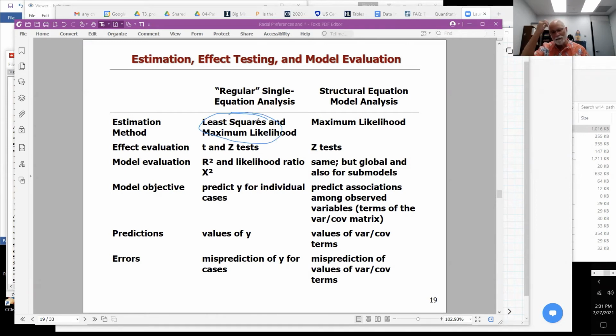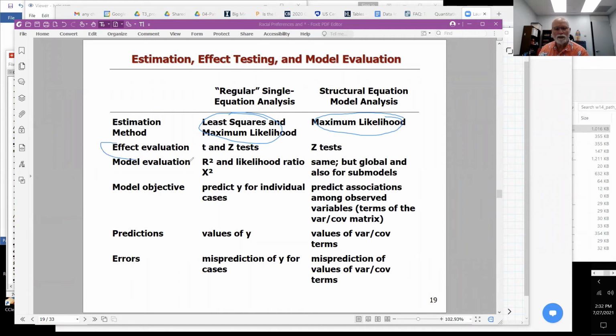So you might be using fractional regression, and that would be maximum likelihood. You could be using OLS regression. It would be least squares. When you're doing this in structural equation, it's always going to be maximum likelihood. Not always, but 99 times out of 100, especially when you're first learning.